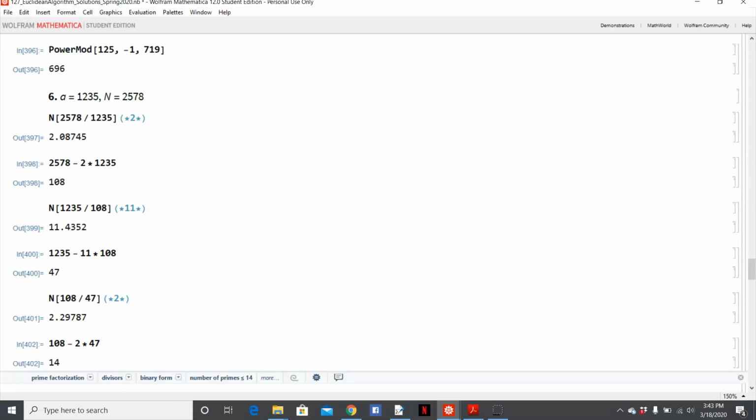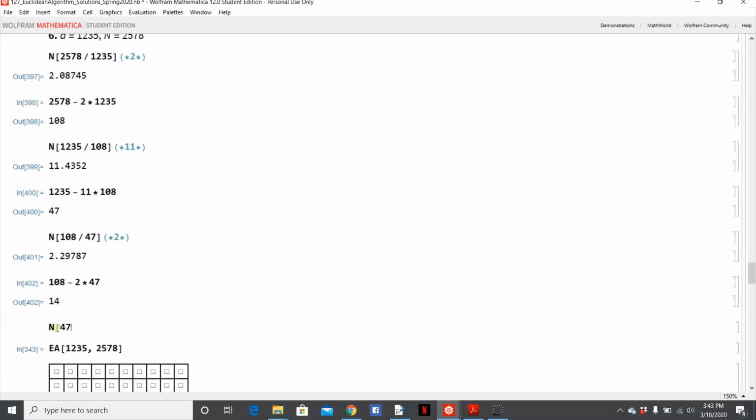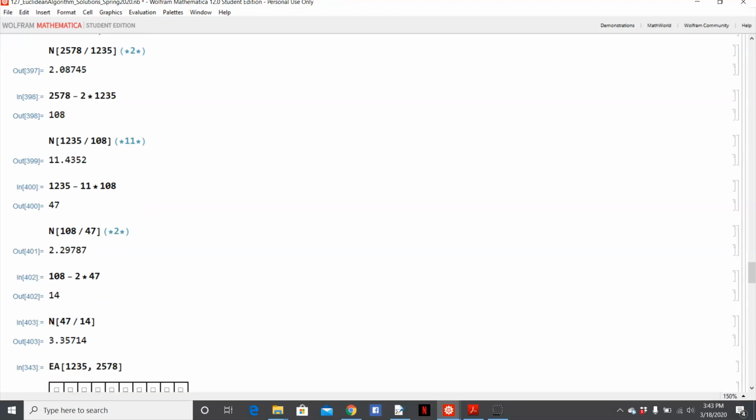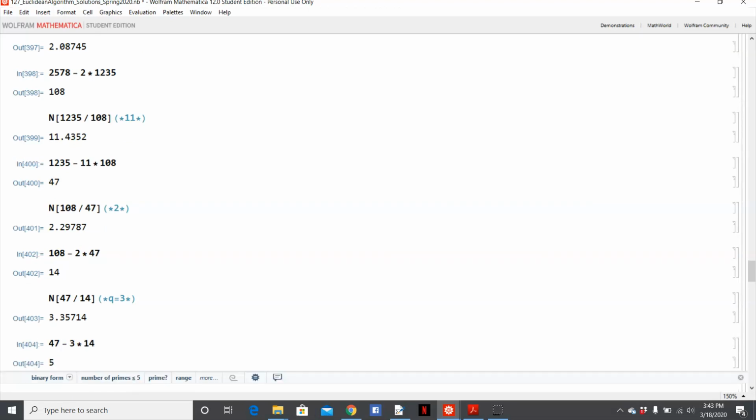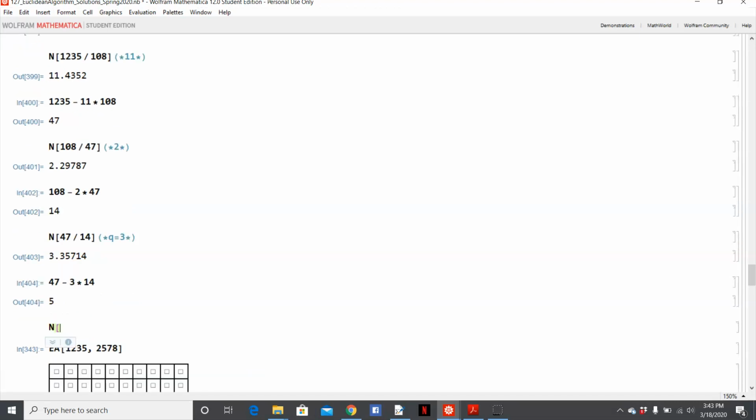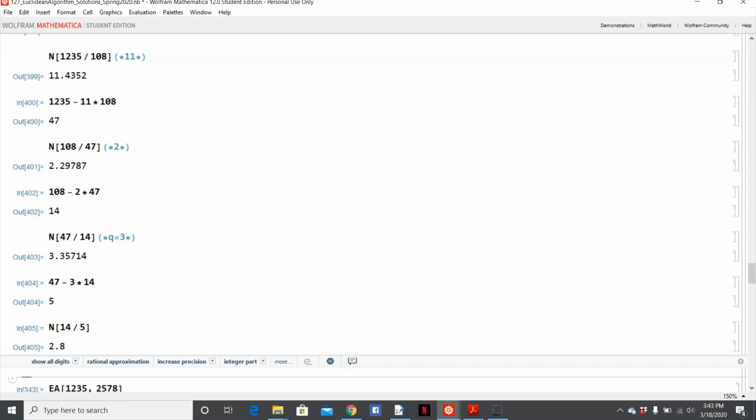All right, I take 47 divided by 14. Should go in, yep, 3 times. So I get a quotient of 3. That gives me 5. All right, and then I divide that by 5.